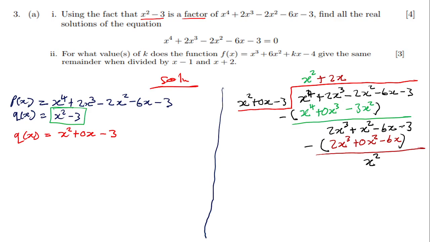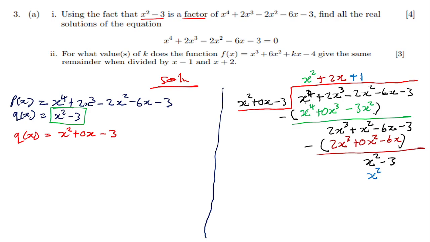After I do that, my next task is to simply say x squared into x squared is going to be plus 1. Then 1 times x squared is simply going to be x squared. Then 1 times 0x is 0x, but I'm not going to write 0x because the x is out already.